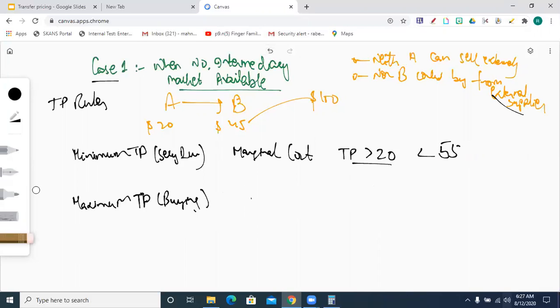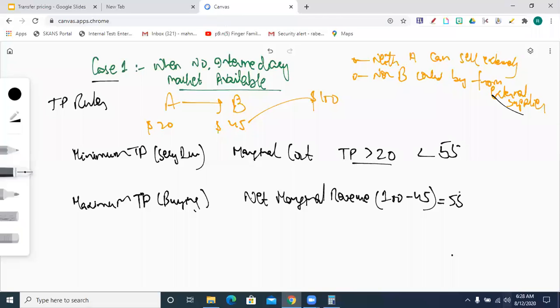What is net marginal revenue in this scenario? What is net marginal revenue for B? It's the revenue coming from one unit. The sale is 100 and his own cost is 45. In that case, the net marginal revenue is 55.